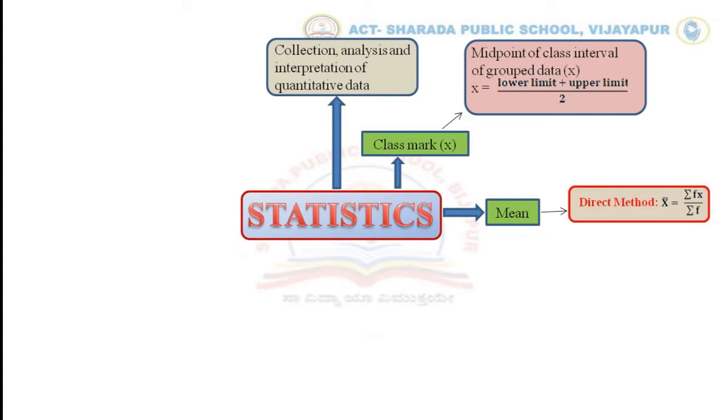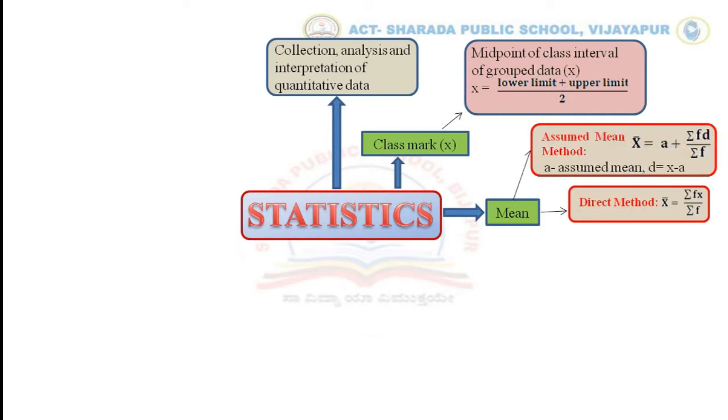In direct method, the mean is given by the formula x bar is equal to sigma fx divided by sigma f, where f is the frequency and x is the class mark. Next, second method, assumed mean method.